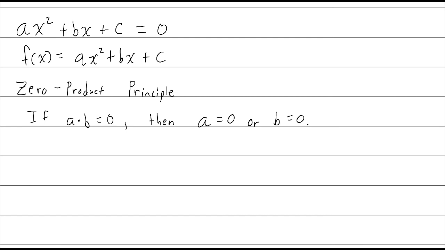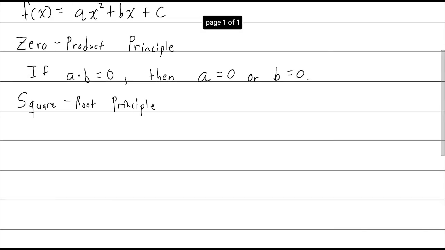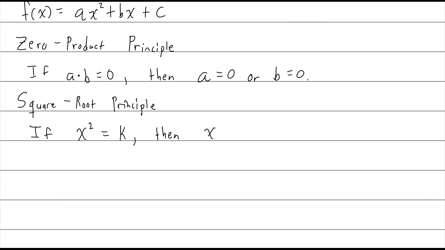Okay, and then another principle called the square root principle. And the square root principle says that if you have some unknown squared is equal to some number, then the unknown, the variable, equals positive and negative square root of whatever the thing was equal to.